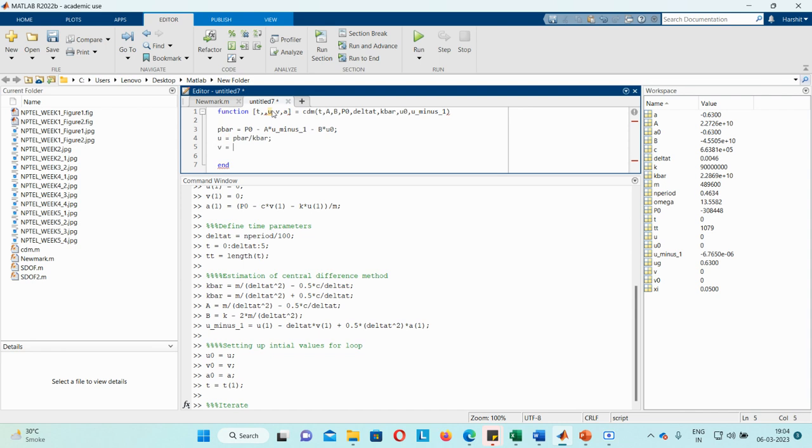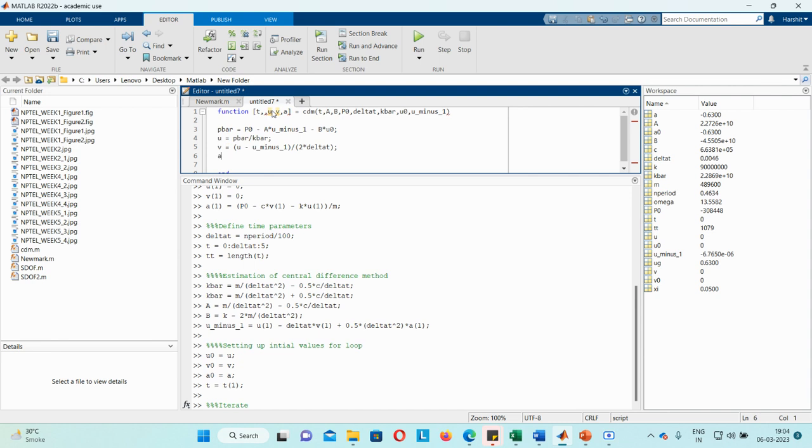P is given by central difference method. So u minus u minus 1 upon 2 times delta t.